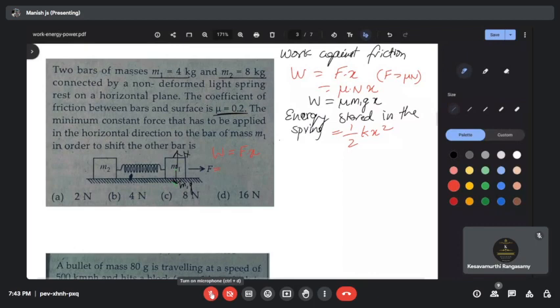Hence we can say that the work done in this system is equal to, first, the work against friction, plus the work done against the elastic potential energy of the spring.